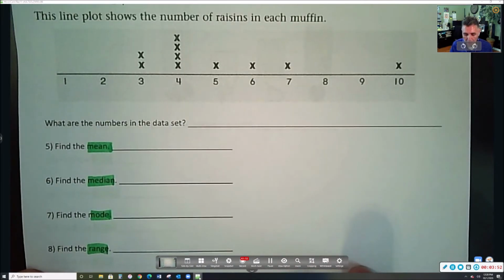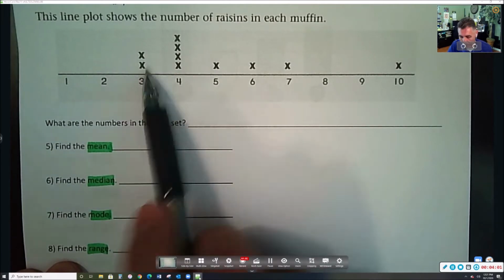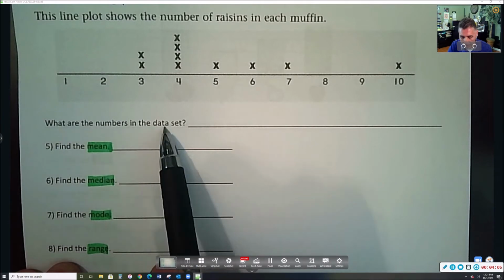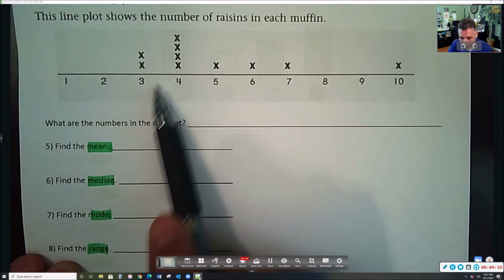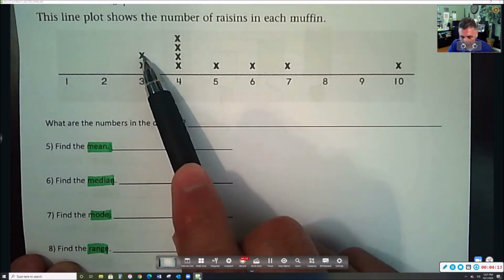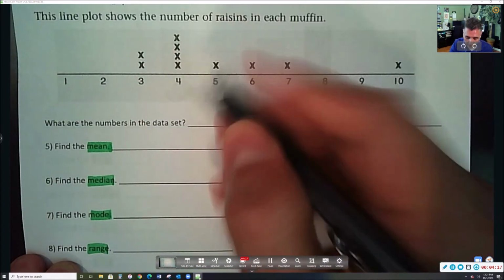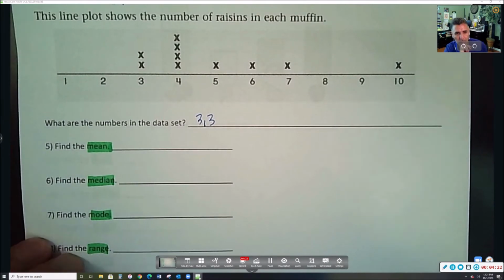We have a line plot that shows the number of raisins in a muffin. Okay. So the first thing it says here, it says, what are the numbers in the data set? Maybe the question should be, what are the numbers in the line plot? Okay. But anyway, we can pick these numbers out. Remember, each x represents a number. Because there's 2 x's over the 3, I know there's 2 3's in the line plot.